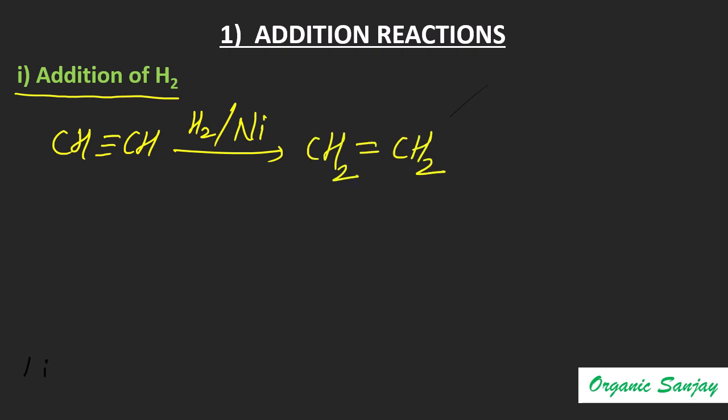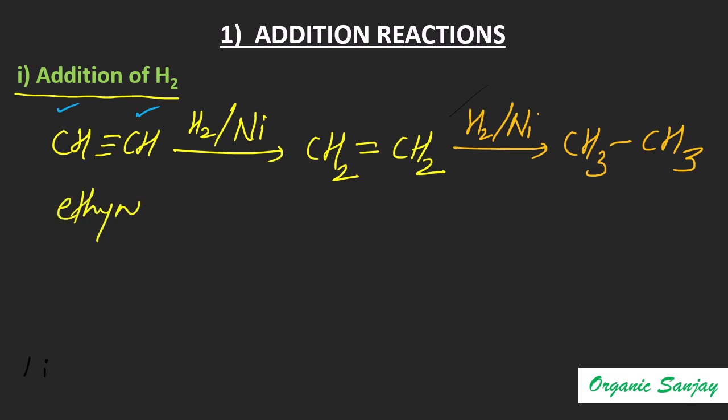One hydrogen atom adds here, another hydrogen atom adds here, and one pi bond will break in this process. Now there are two bonds, one sigma bond and one pi bond. Again the process gets repeated. H2, nickel, and it will give CH3 single bond CH3. In this way, ethyne converts into ethene at first, and then finally into ethane.